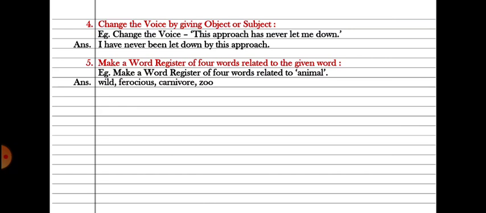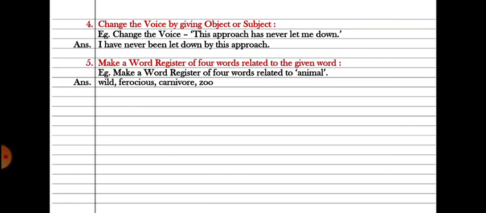Question number 5. Make a word register of 4 words related to the given word. So you could be given any random word and you have to prepare a word register depending on how many they have asked related to that specific word given.